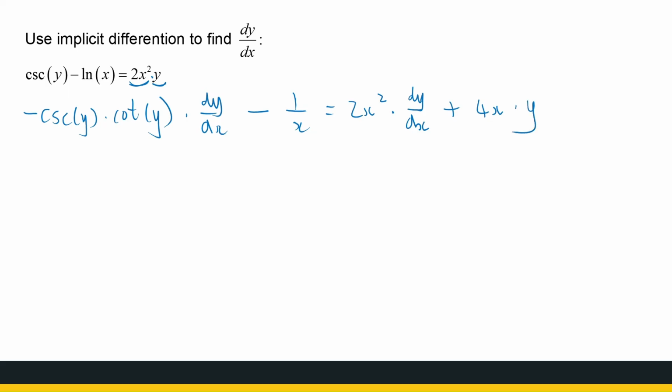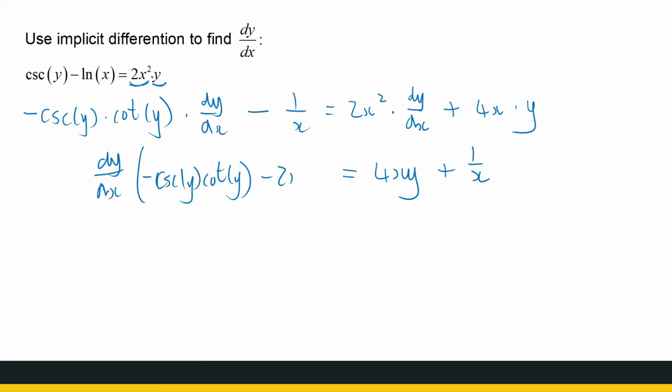So yet again, all the dy dx is on one side, take it out as a common factor. On the right-hand side, what's left? So I've got a 4xy, the minus 1 over x becomes plus 1 over x. And on the left-hand side, if I take out dy dx as a common factor, I've got minus cosec y cot y minus 2x squared.